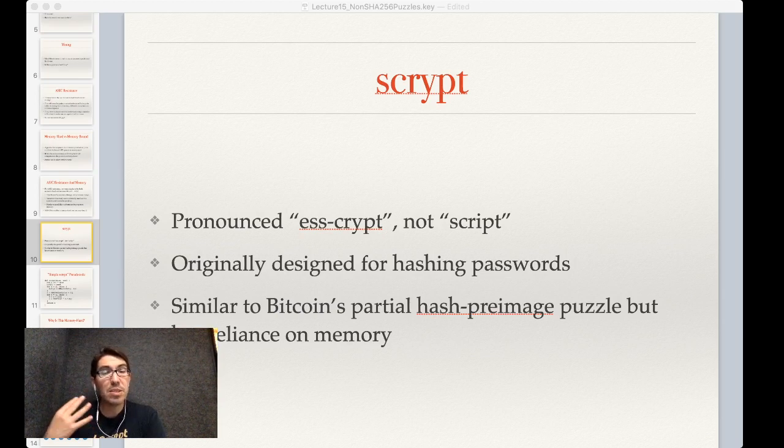It has the same basic idea: given some data in a block, we want to produce a hash, like a partial hash pre-image puzzle, but we want to make sure that this has a reliance on memory. So I'm going to walk through some pseudocode for how scrypt works here.